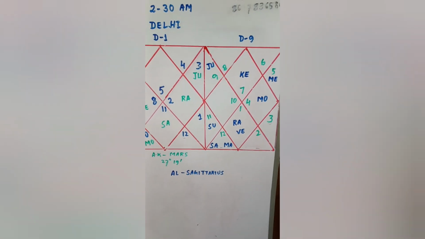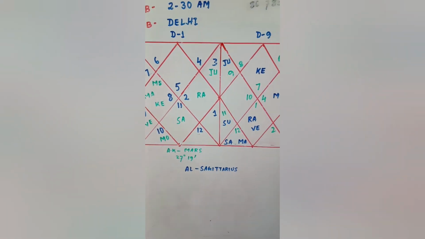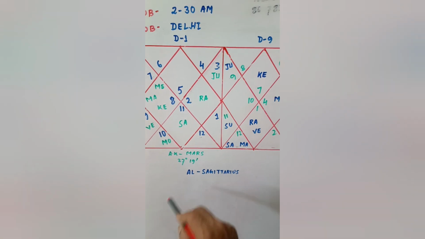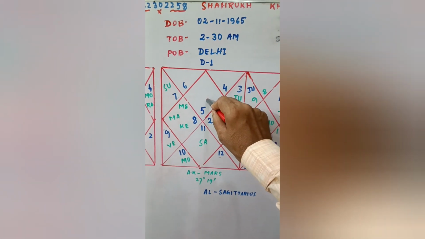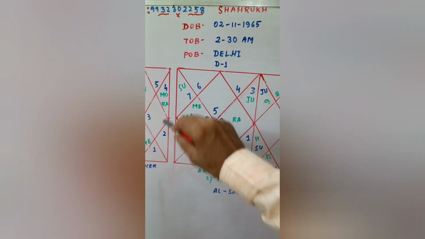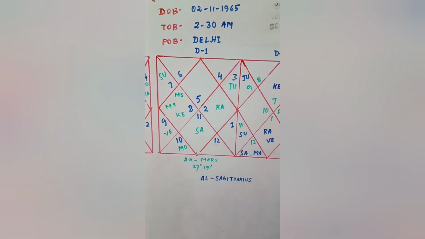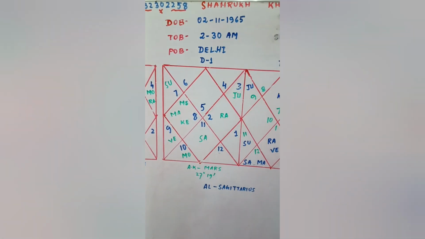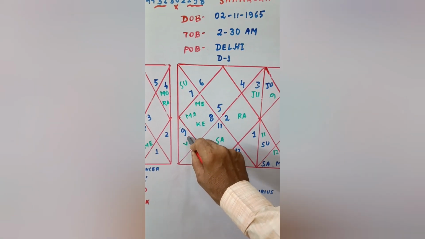In this case also, when we are discussing the Arudha Lagna, the Moon will come. The Arudha Lagna Lord, the Leo sign lord Sun, is posited in the third house. And the third house to the third house is the fifth house. So Lagna is ascendant Leo, that means Simha Lagna, but Arudha Lagna is Sagittarius, the fifth house.